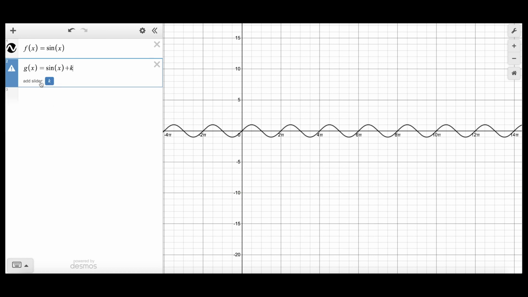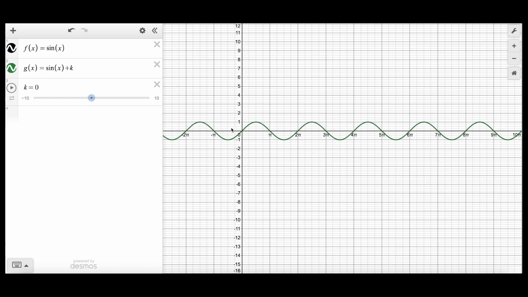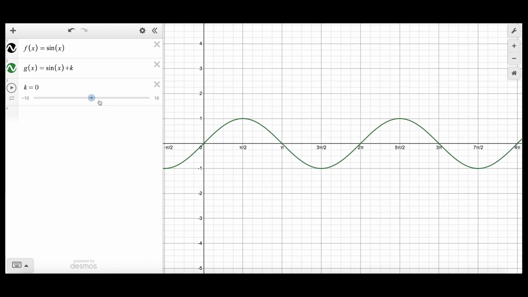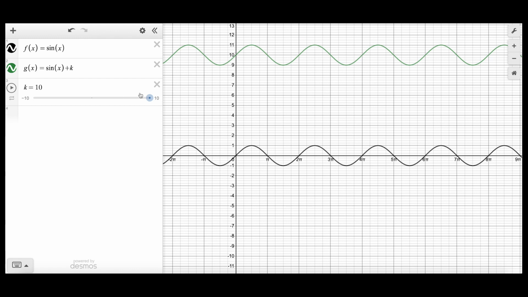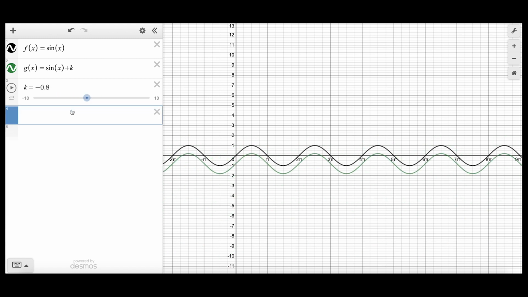Okay, now watch this. If I add this slider here, I'll put it at 0. So right now this k number is at 0. Watch what happens if I shift it up to 1, or to 3 like we did together, or to 10, or to negative 10. So this value of k changes the midline.